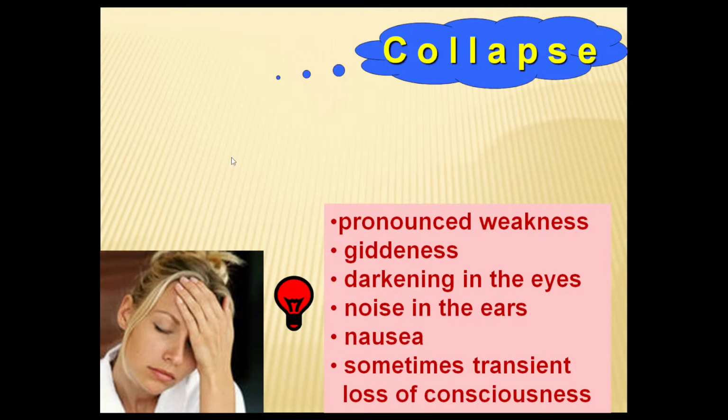He stands, and after some time he finds himself on the ground floor because he fell. Collapse has some time of development. The patient feels pronounced weakness, giddiness, some darkness in the eyes, noise in the ears. Some patients can feel nausea.